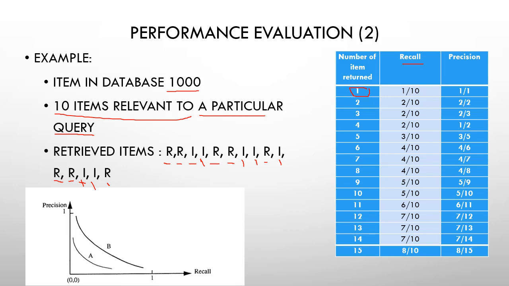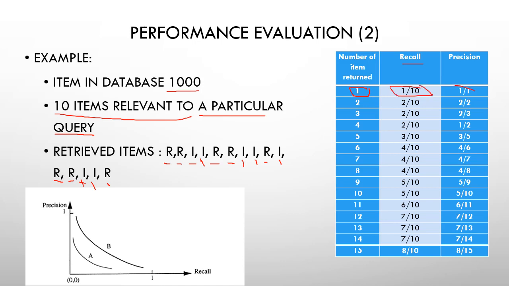So the denominator in this particular query is always 10, because there are 10 items relevant to this query. So we got this as the recall.